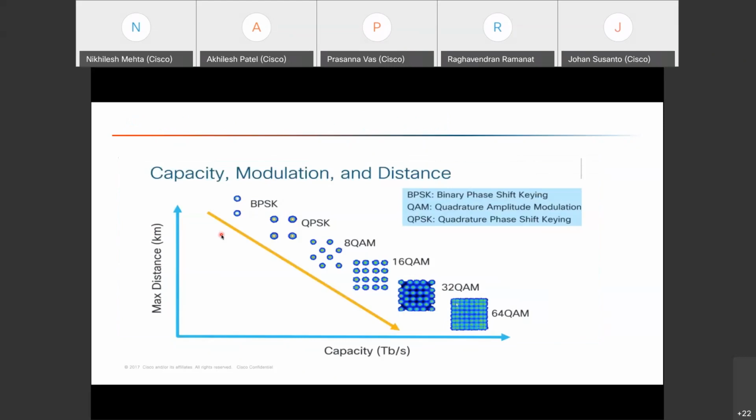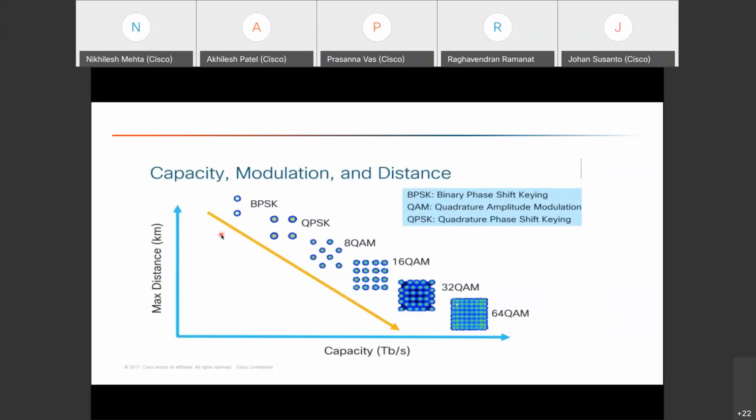This is the capacity, modulation and distance graph for the NCS 1004. You can see that on the x-axis you have the capacity in Tbps, and on the y-axis you have the maximum distance which we can cover using the NCS 1004.